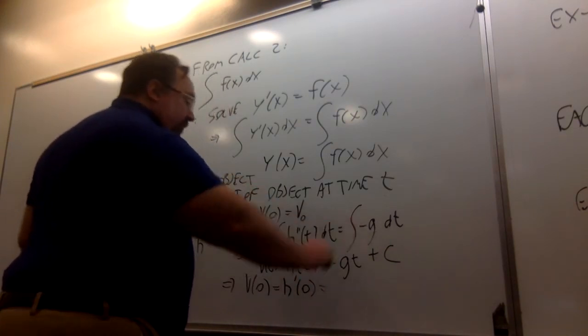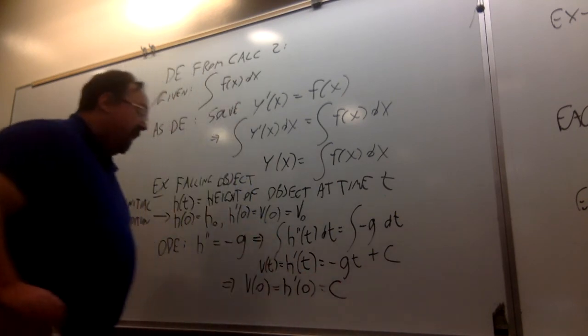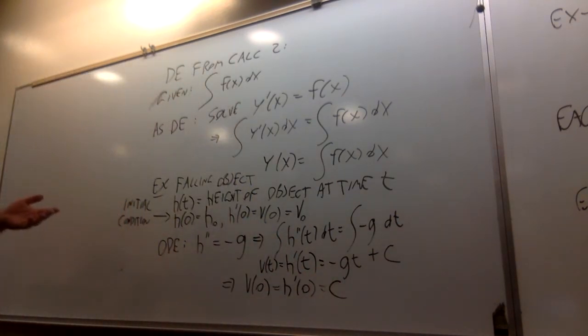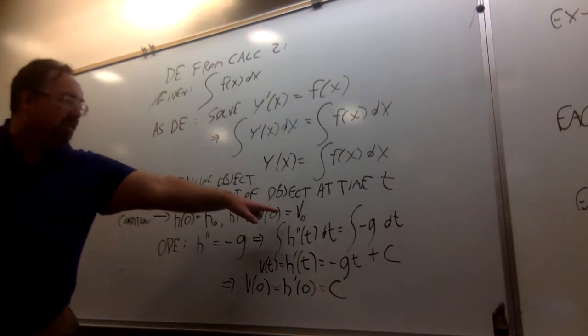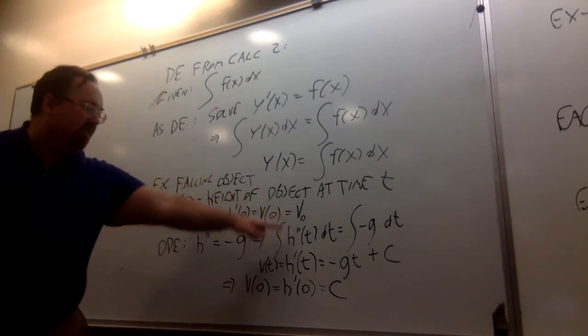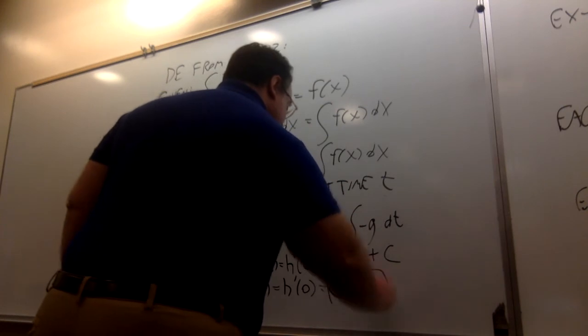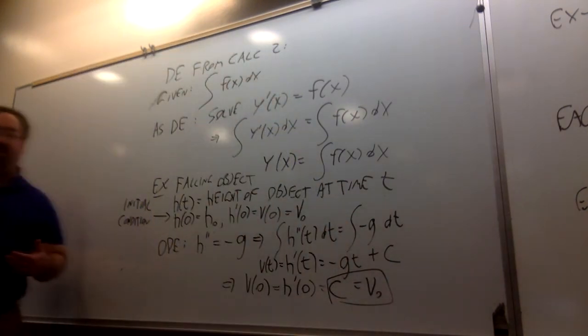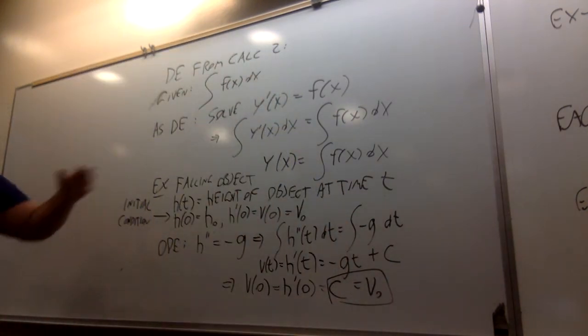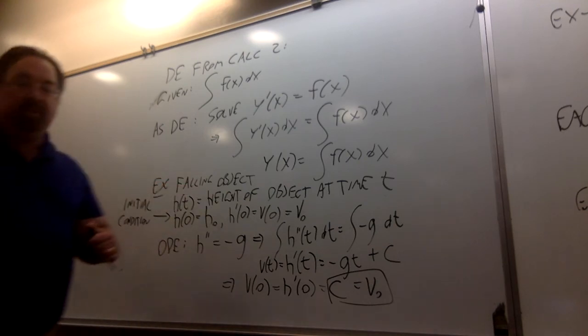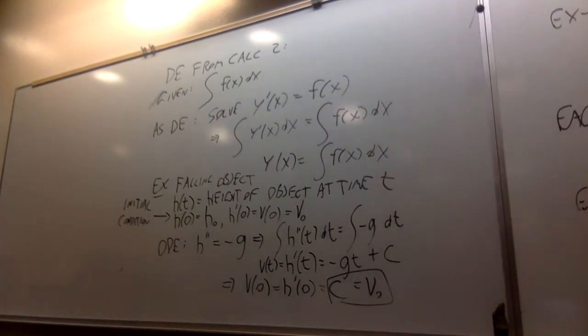So I plug in t equals 0 here, and all I get is c. But I look at my condition here, it also has to equal v naught. Therefore, c has to be v naught, that is what satisfies at least the second condition. So we haven't specified the position yet. We're not done. But at least now we have the velocity.